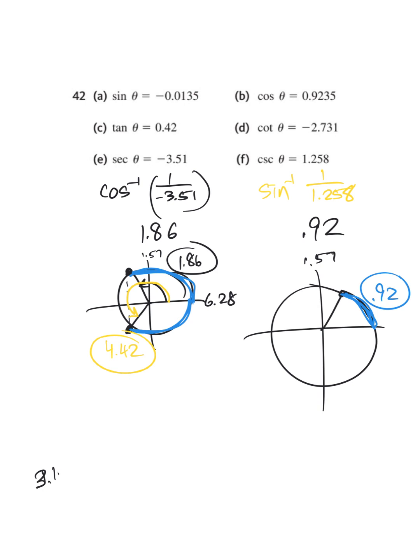That's the first value. And it's the sine, so we're talking about y, so we got to cross the y-axis. The y value there is going to be the same, so this is also 0.92. So how do we get from 0 to the blue line there? We take 3.14 minus the 0.92, and you get 2.22, and that is the other value.